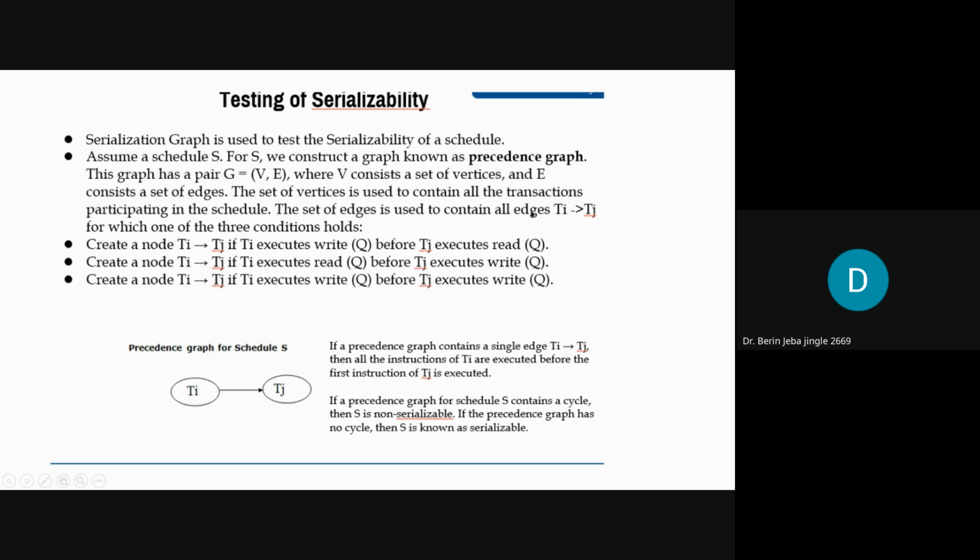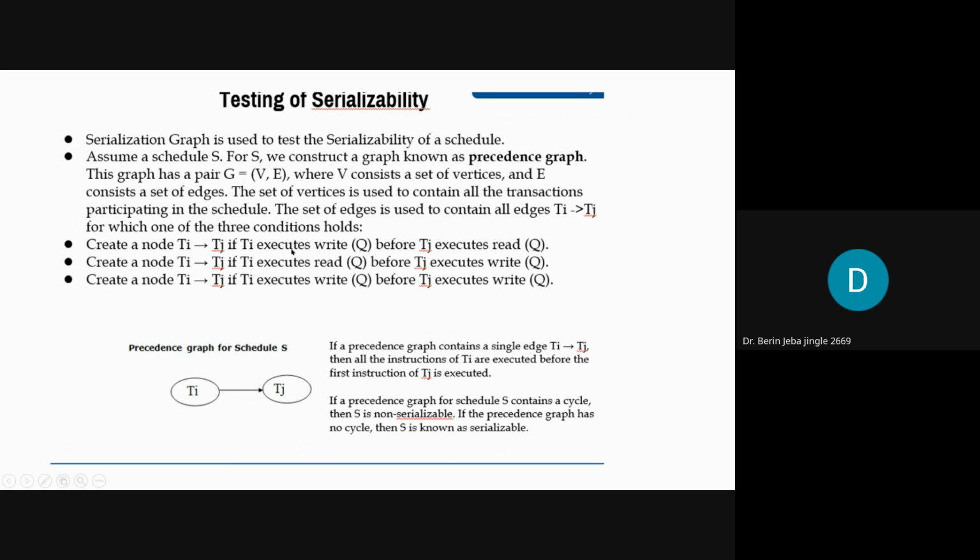There are three conditions for testing serializability. First, create an edge Ti to Tj, that is, Tj depends on Ti, like functional dependence which we studied, if Ti executes write(Q) before Tj executes read(Q).